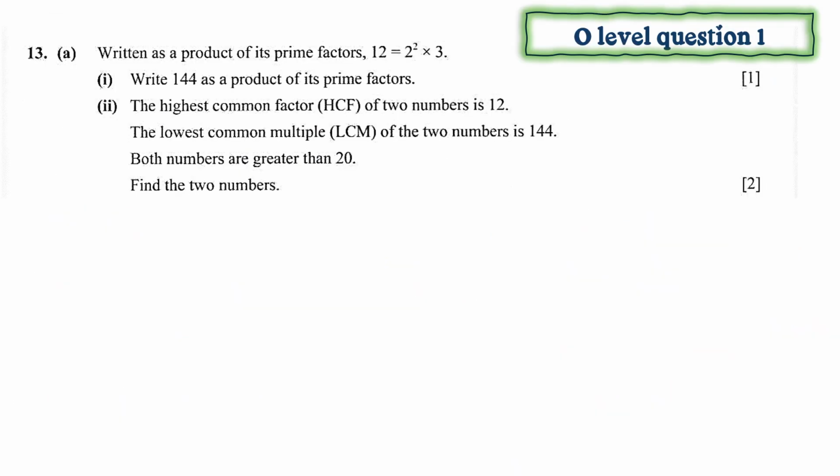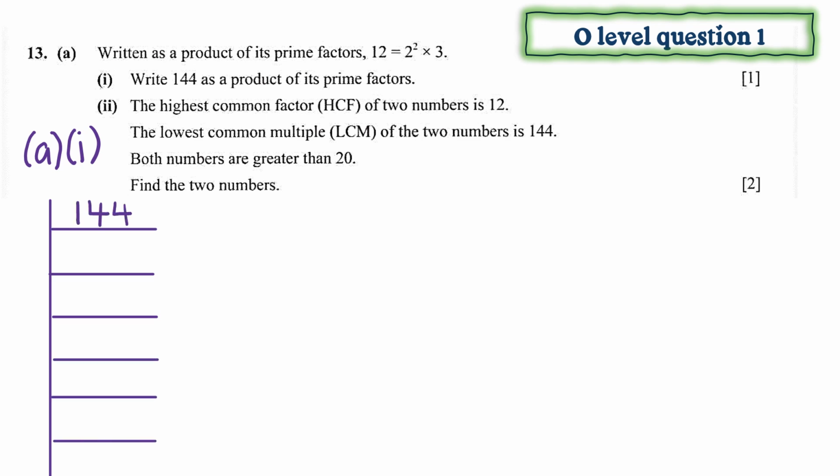Right, let's look at the O-level questions. So the O-level questions, you'll see that it's slightly harder than the N-level. It involves more steps. So let's look at part I. Part I, you are asked to write 144 as a product of its prime factors. So that's similar to the N-level questions. We can just use the tree method or the ladder method to find the prime factors for 144.